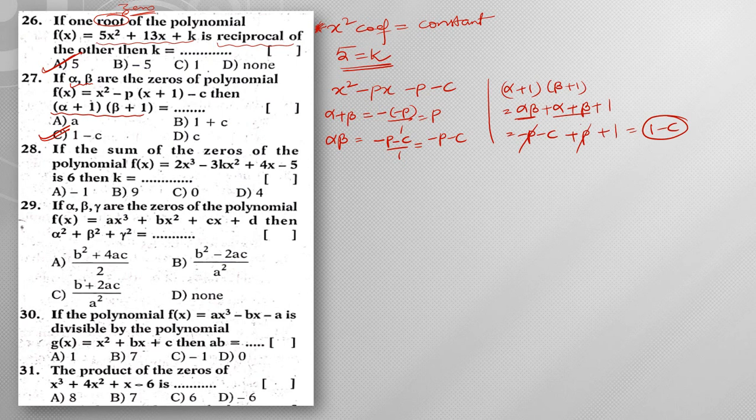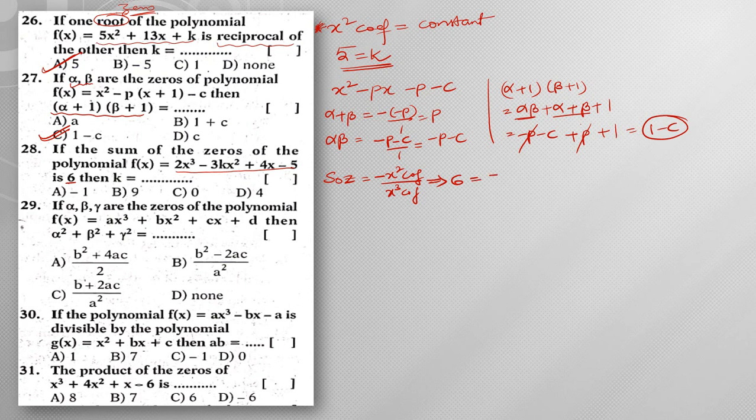Next, if the sum of zeros of the polynomial, so this is a cubic polynomial, and he said that the sum of zeros is 6. What is the sum of zeros for a cubic polynomial? The sum of zeros is given by minus x square coefficient by x cube coefficient, right? Already the sum of zeros is given as 6.